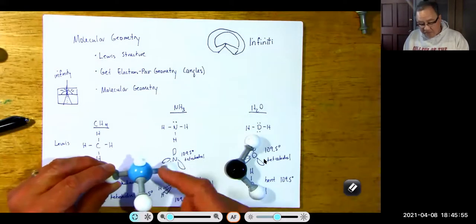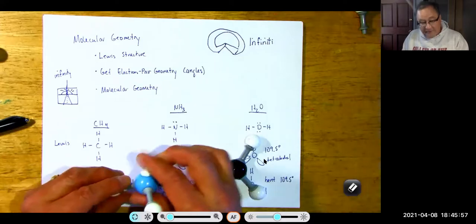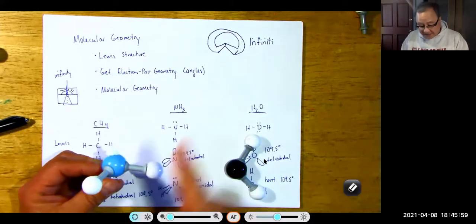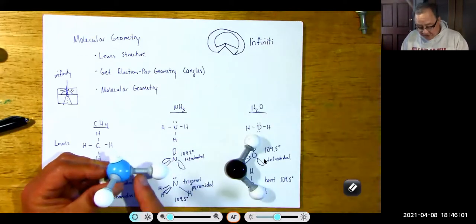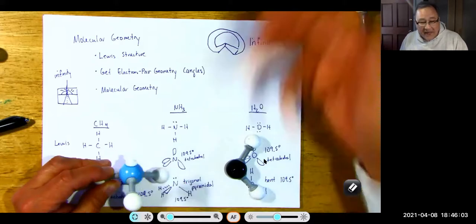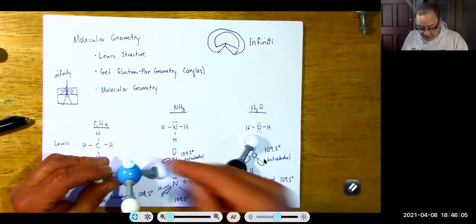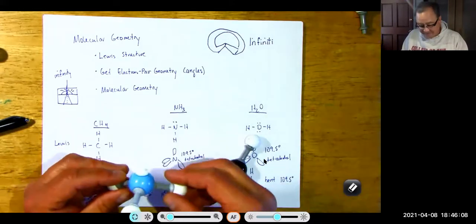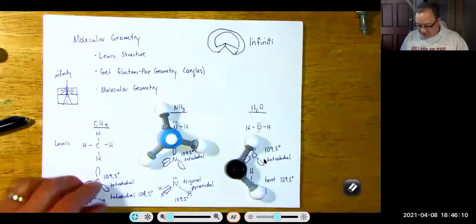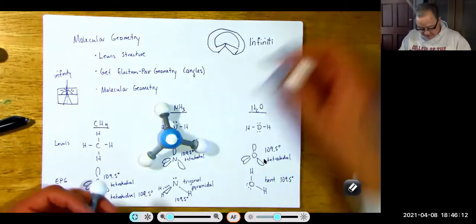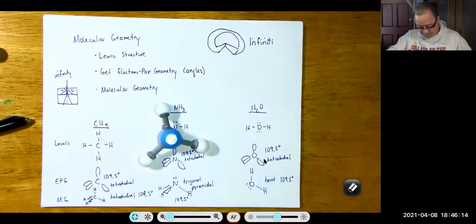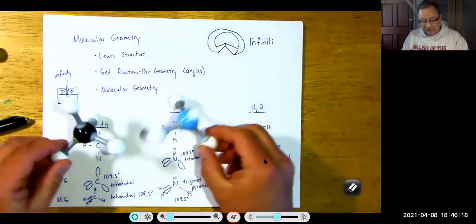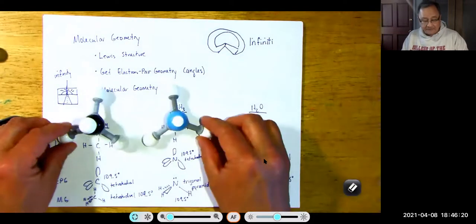Now, the lone pair isn't a big old long stick sticking out into space because the lone pair is not attached to another atom. It's stuck on this one. So it's kind of like a little hat compared to this guy here, which is more like this guy here. You can tell those look different, right?